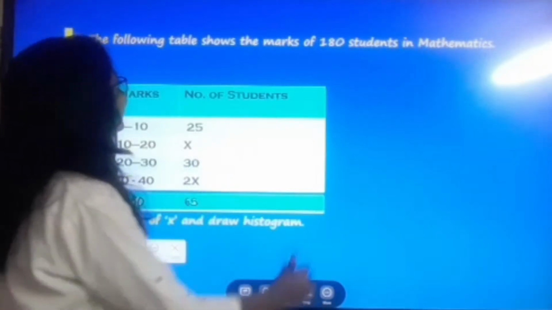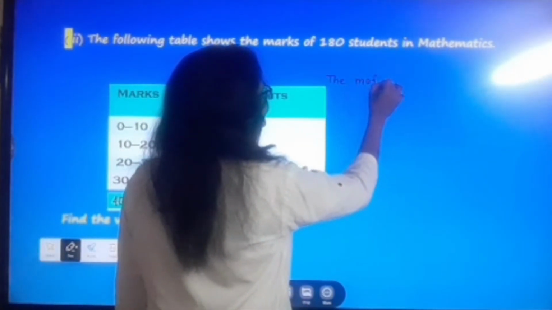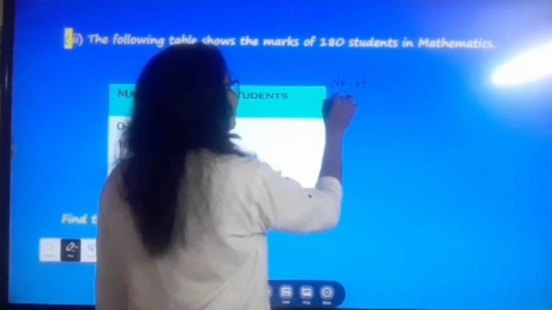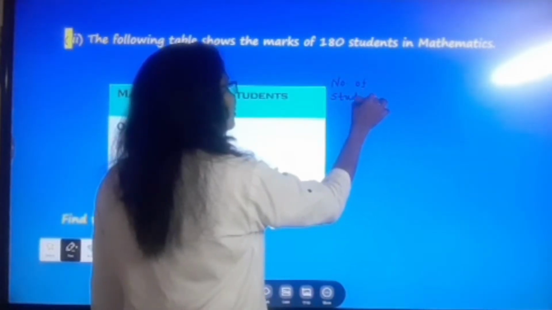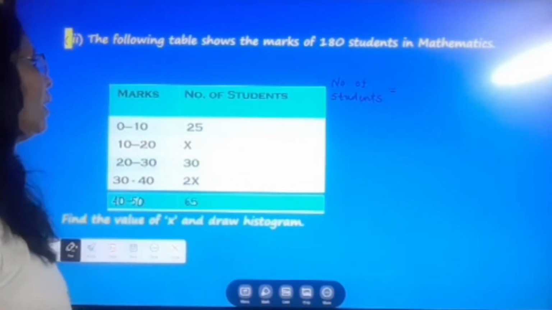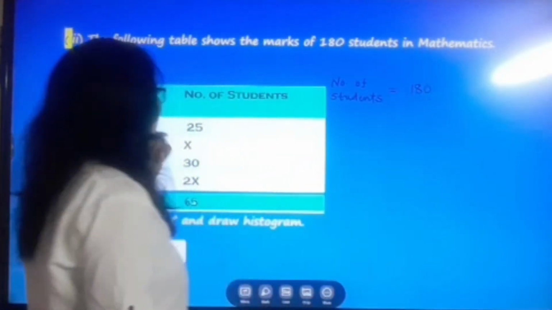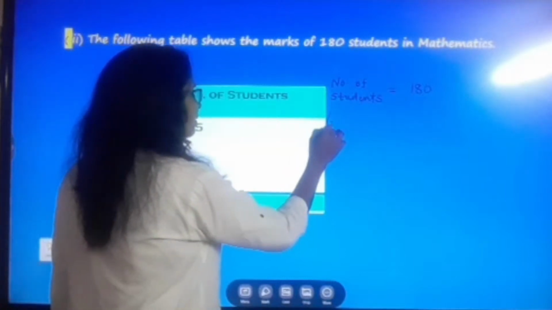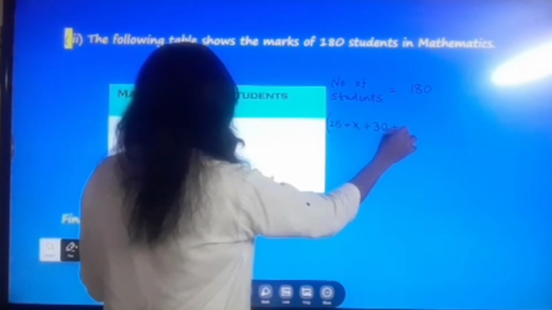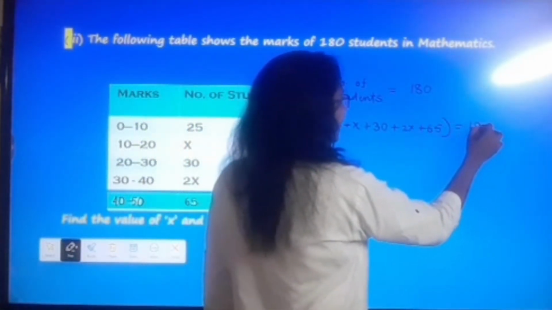So here we write the number of students is equal to 180, and the number of students given is 25 plus x plus 30 plus 2x plus 65 is equal to 180.